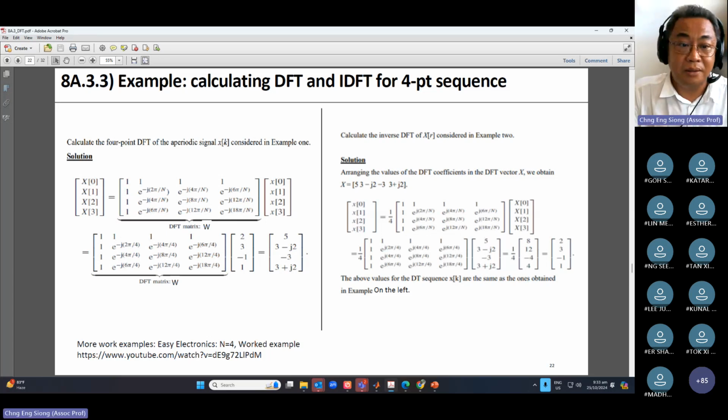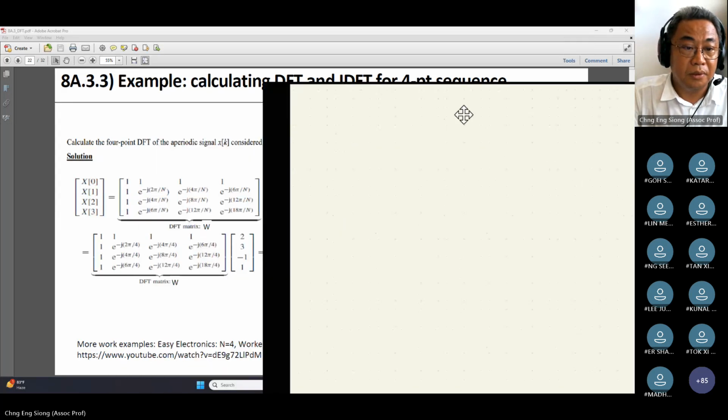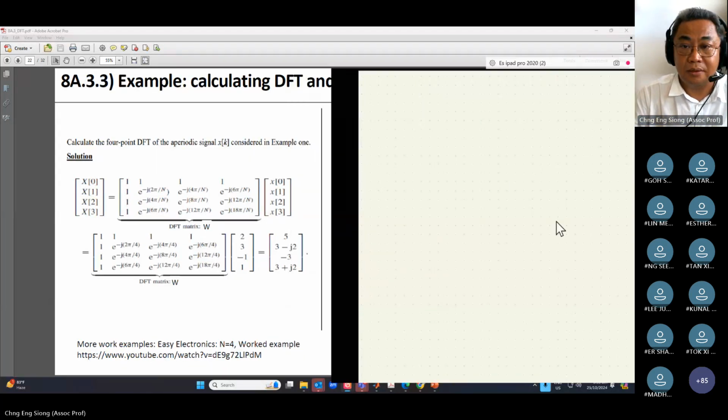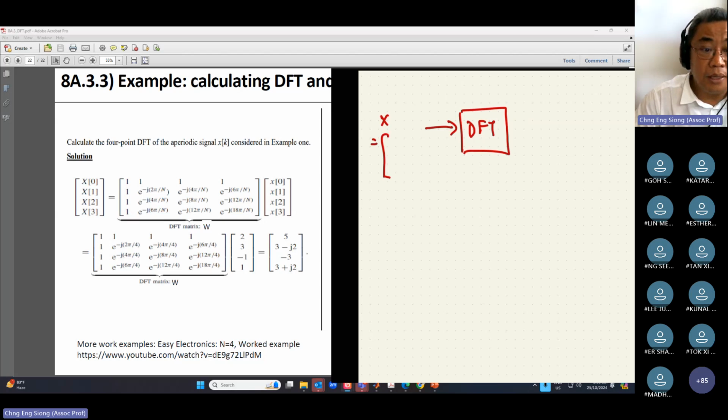So I will explain these two questions. I'll explain the first question first. DFT. Now my x is 2, 3, minus 1, 1. So this is my x.